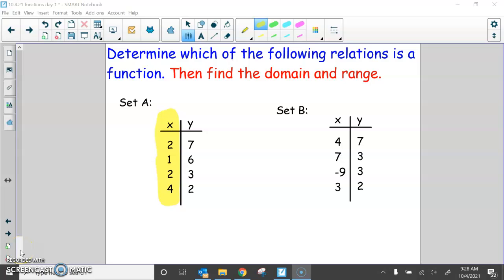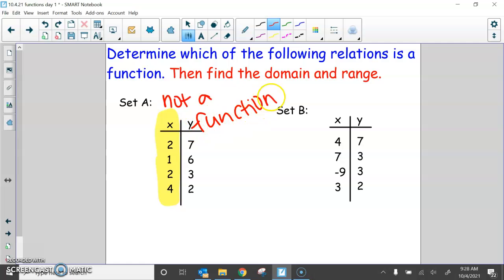On set A, determine if it's a function or not. So on set A, you should have determined this is not a function. And it's not a function because the x is repeated. Your x is right here, those 2's repeated.